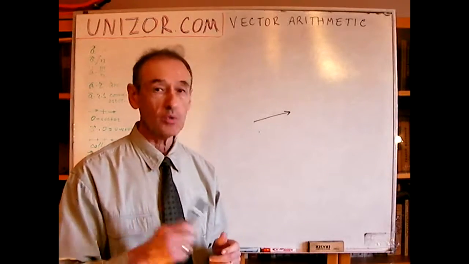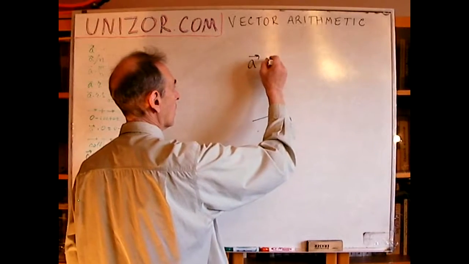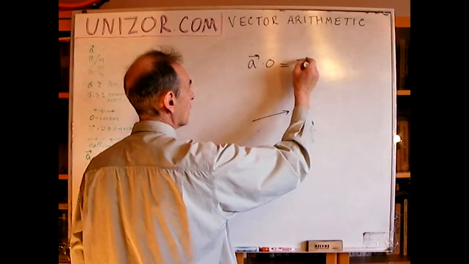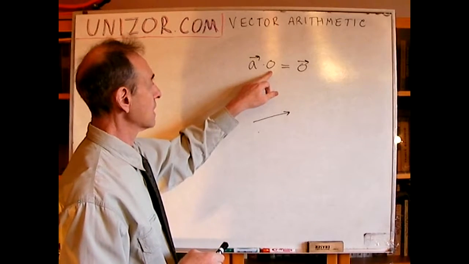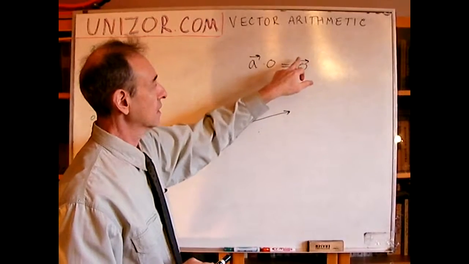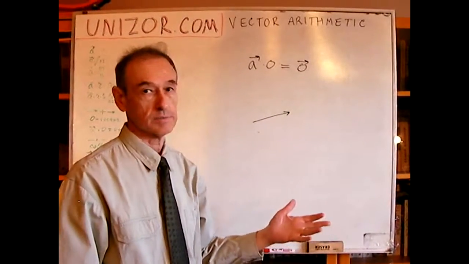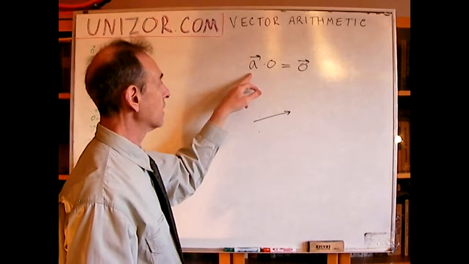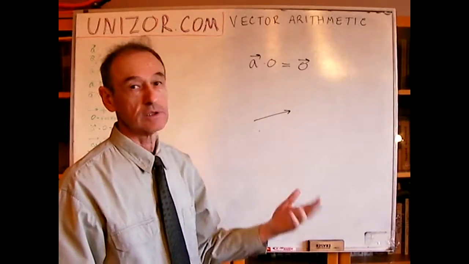Well, I can always say that the multiplication by 0 gives me null vector. So this 0 is a number, the multiplier. This 0 with this little arrow on the top signifies a null vector. So multiplication of any vector by factor 0 will result in null vector.